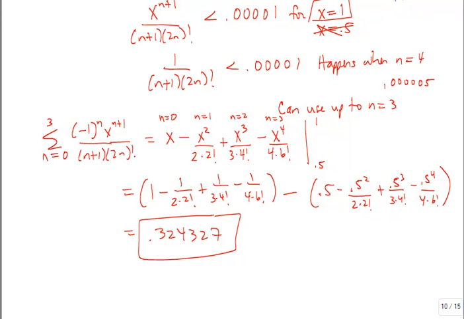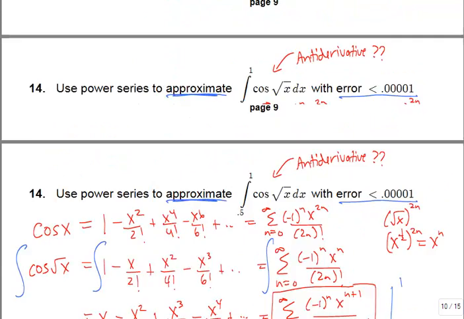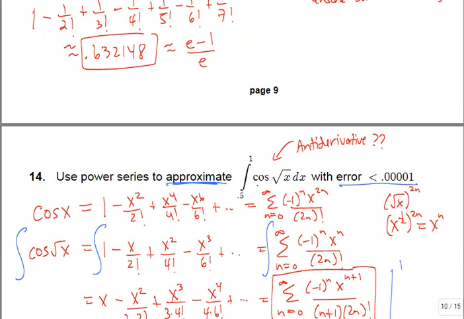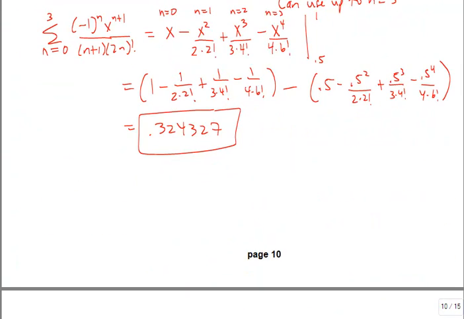Now if you use the function integrate command on your calculator to compute this particular integral, what function integrate will tell you for an answer is 0.324332. So we're pretty close to that. And function integrate uses a similar process that we're doing here to be able to get values for these definite integrals that we wouldn't normally be able to integrate because we can't find an antiderivative.